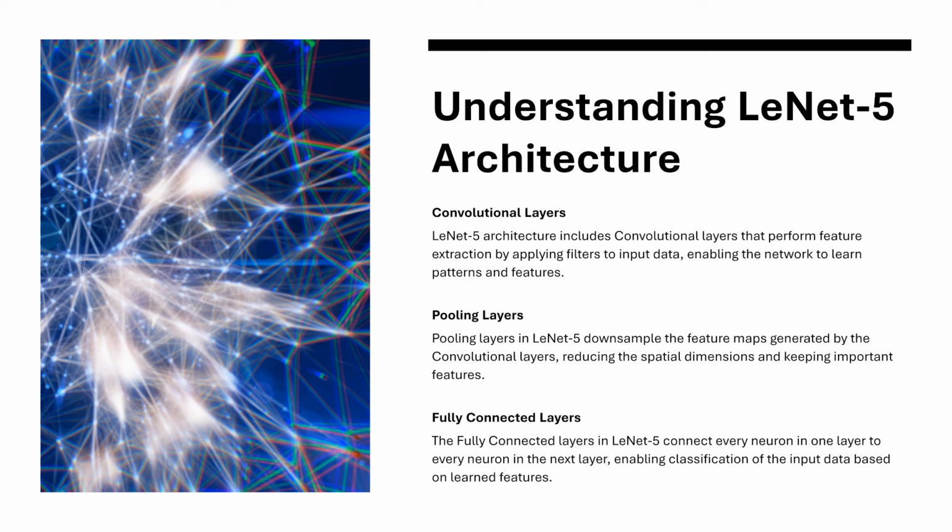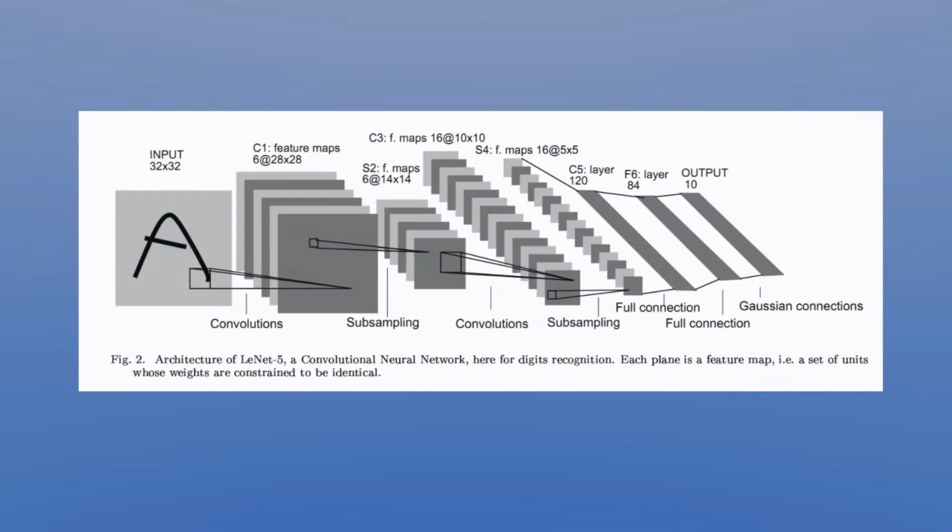If we exclude the input layer, we are left with 7 layers which comprise LeNet-5. 3 of them are convolutional layers, which are basically kernels or filters that perform the mathematical convolution operation. And let's skip the details, you can look up convolutional operations in mathematics.